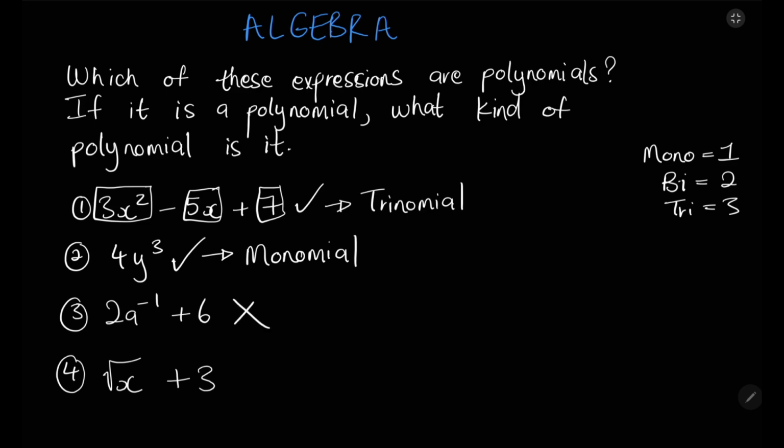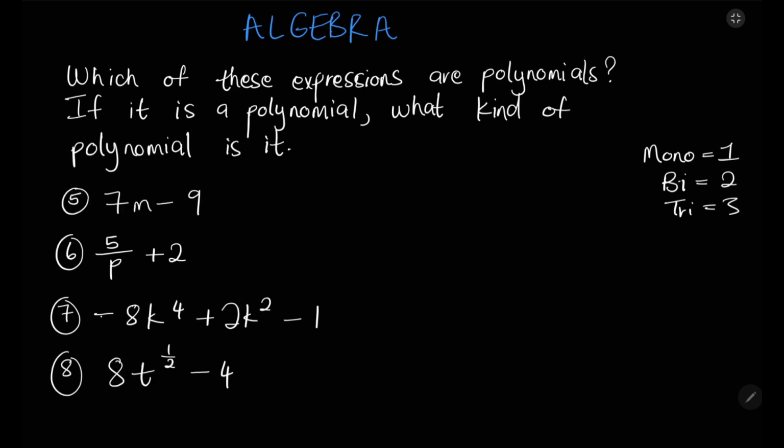No. Why? Because it has a negative exponent. Number 4, we have square root x plus 3. Is this a polynomial? No. Why? Because you have a square root. We are always looking for a whole number, meaning from 1, 2, 3, 4, 5, 6, 7, 8, every number that comes after, as long as it's not a square root, a fraction, or a negative number.